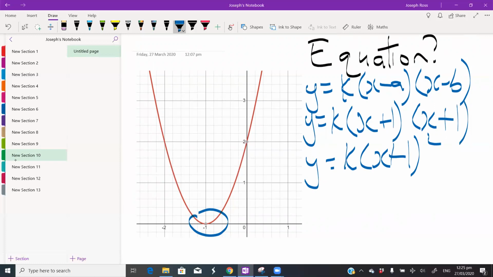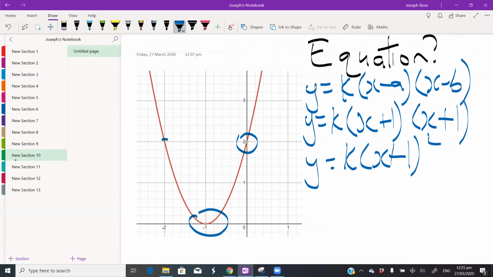Now what we'll need to do next is put in any other point. We've got a few options here. We could go with (negative 2, 2), which should be that point, or we could go with the y-intercept, which is the easier option if it's available.